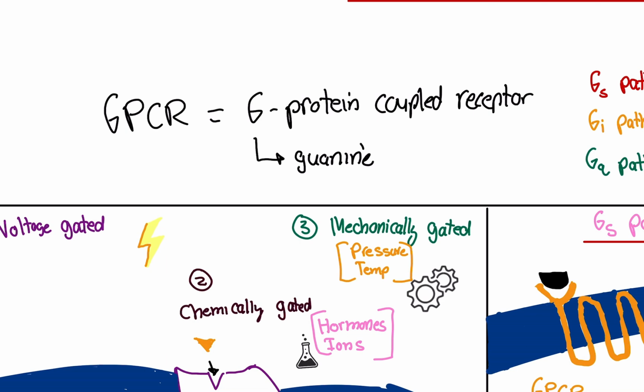Now, the reason it's called a coupled receptor is because attached to the G protein is a receptor to actually activate the G protein. It will make much more sense once we go over the pathway, but I'm just trying to explain the meaning behind it.